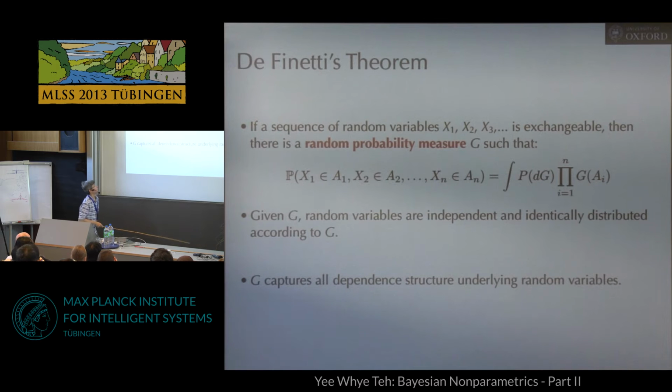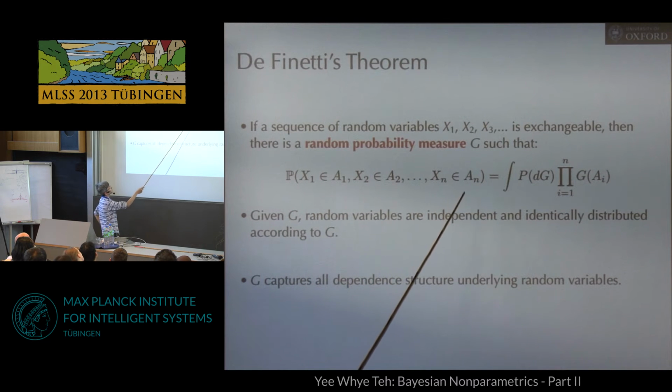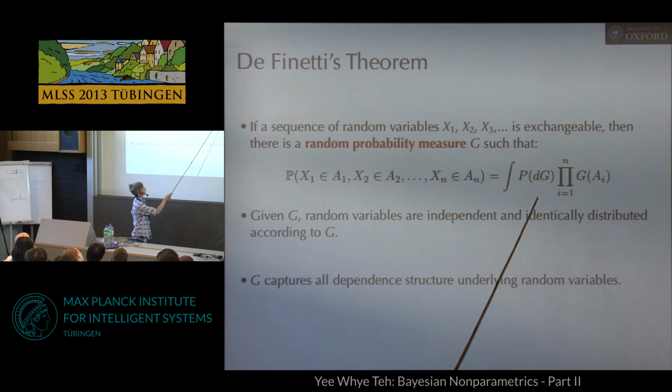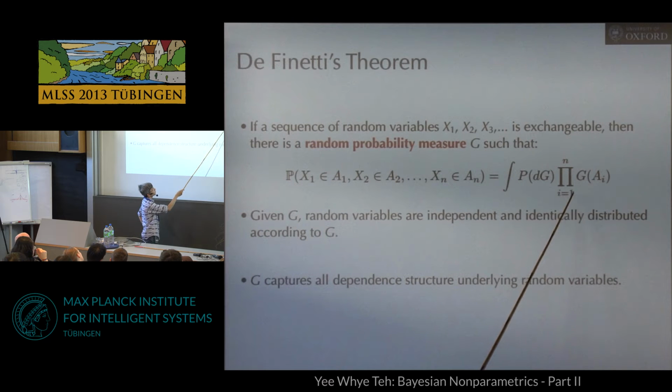I'd like to parse this a bit. This here is the joint probability that the random variable x1 belongs to the set A1, x2 belongs to the set A2, and xn belongs to the set An. Over here, what we are saying is that conditioned on G, the probability of xi belonging to the set Ai is simply going to be given by G of Ai.